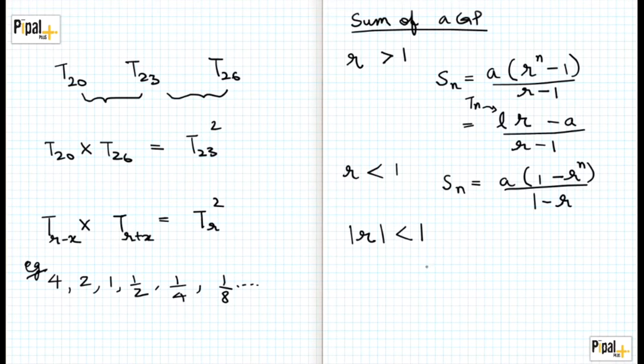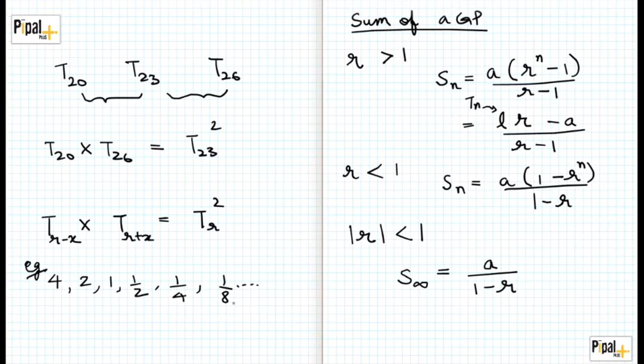Yes, we can. In this case, the sum for n terms is this, but the sum of infinite terms of this series will be just A upon 1 minus R. Why? Because R to the power infinity, where R is less than 1, is going to become 0.